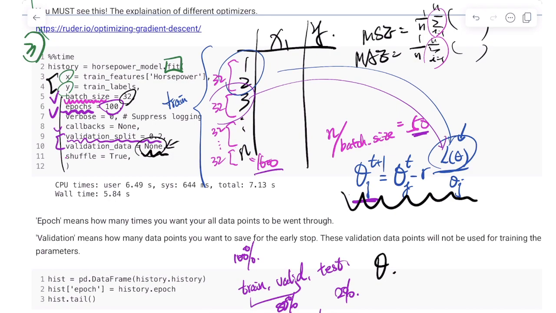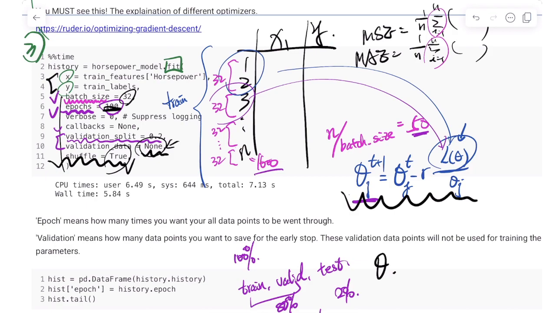The shuffle, which is the last parameter, means that since we have 100 different epochs, before every epoch, before you divide your data into 50 different batches, you have to perform a shuffle. So before every epoch, you shuffle the data.